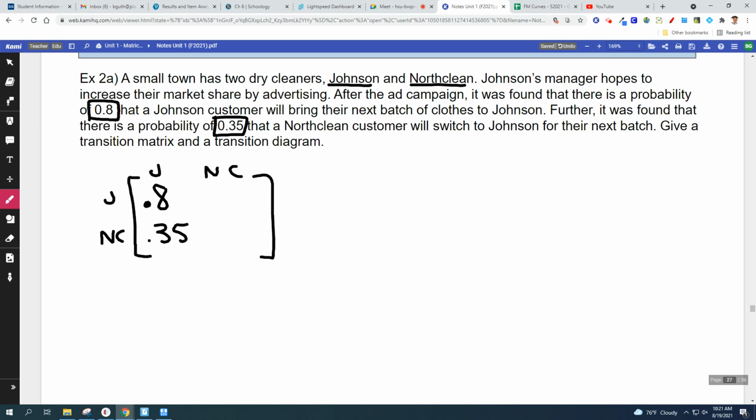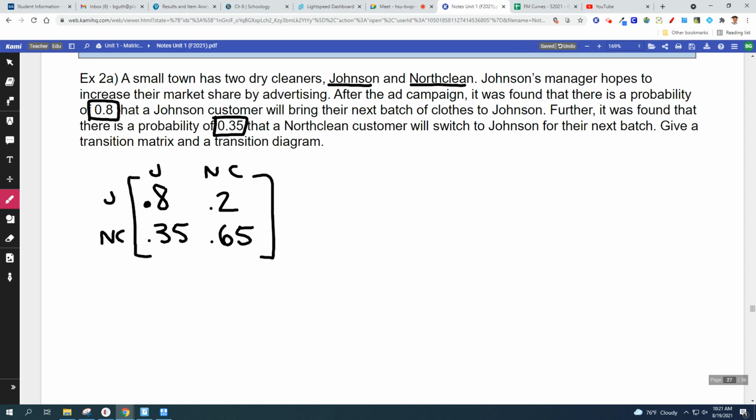So if the row has to add up to 1, then Johnson to North Clean must be 0.2. They didn't tell me that, but I can figure that out. And then you look at the second row. If those numbers have to add up to 1, then this number must be 0.65. That is your transition matrix.